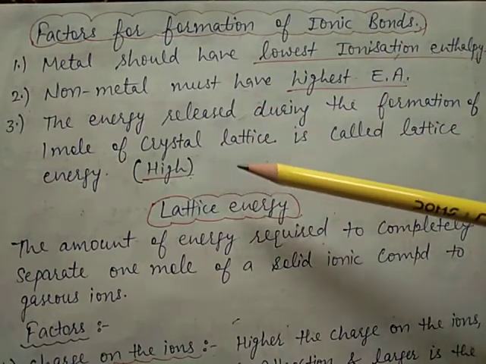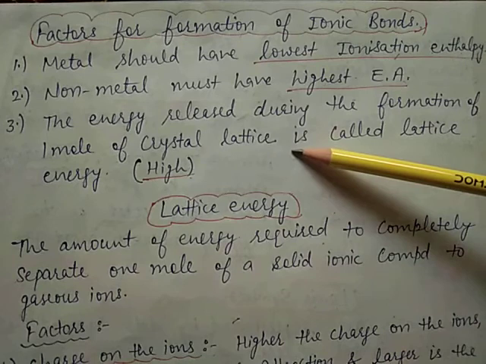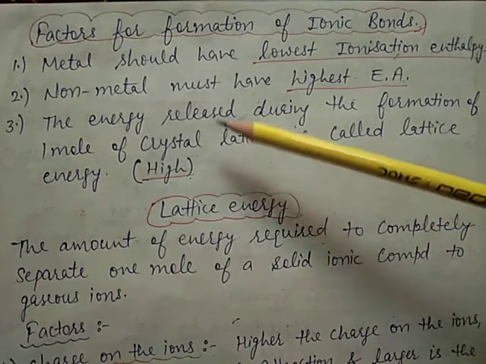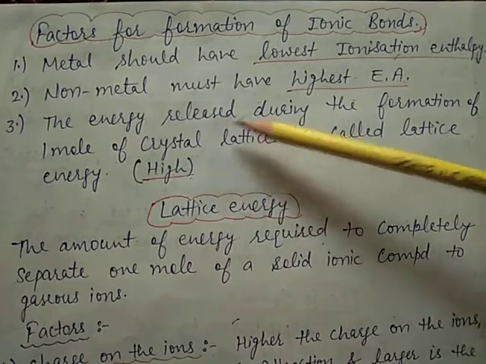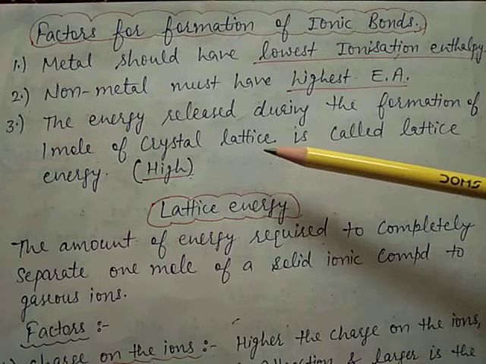Now, the third factor is high lattice energy. What do you mean by lattice energy? Lattice energy means the energy released during the formation of 1 mole of crystal lattice.